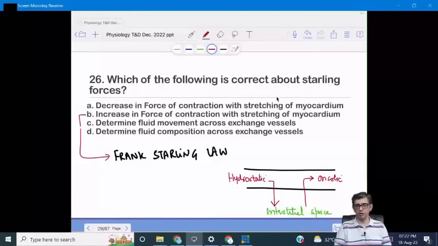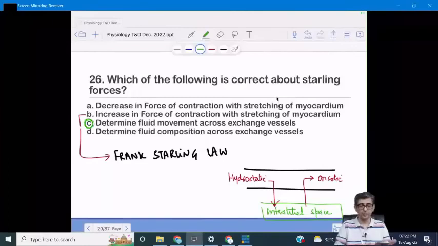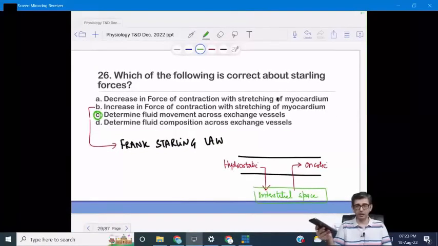So the difference between the two pressures is what is responsible for interstitial fluid presence, like we have pericardial fluid and pleural fluid for lubrication purposes. That fluid is formed and also reabsorbed continuously, and we call this Starling forces. Answer 26 is option number C. So the words Frank Starling law and Starling forces are to be identified basically.